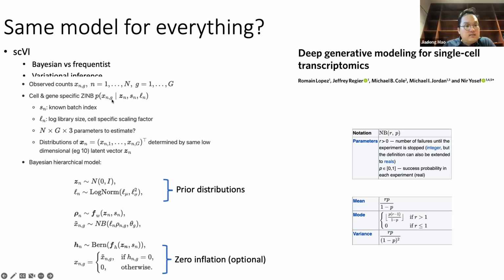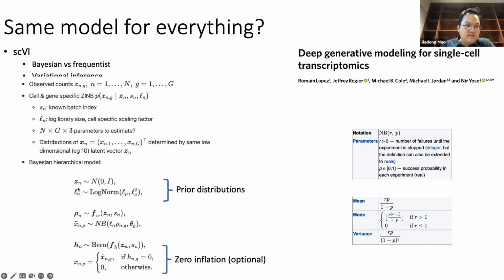And in this distribution, we also explicitly model the batch index. This is for getting rid of batch effects. We also model the library size, because like batch effects, library size is also unwanted variation that we want to get rid of. The core part of the model is a Bayesian hierarchical model.